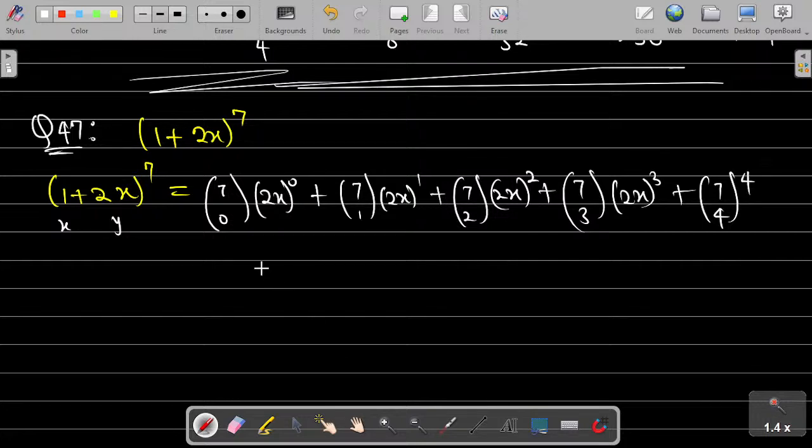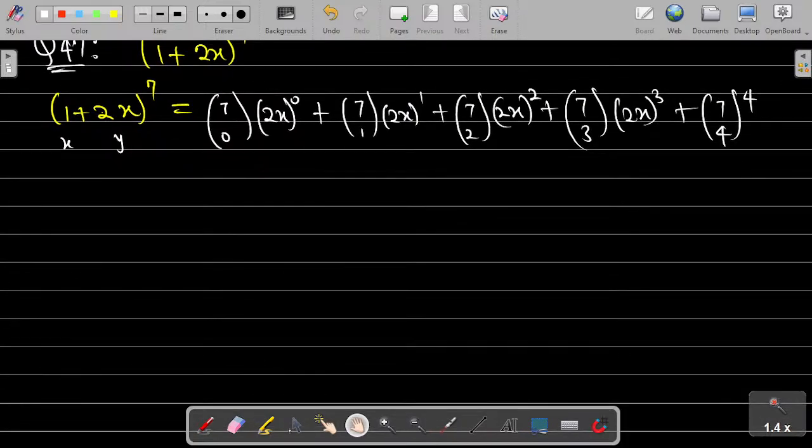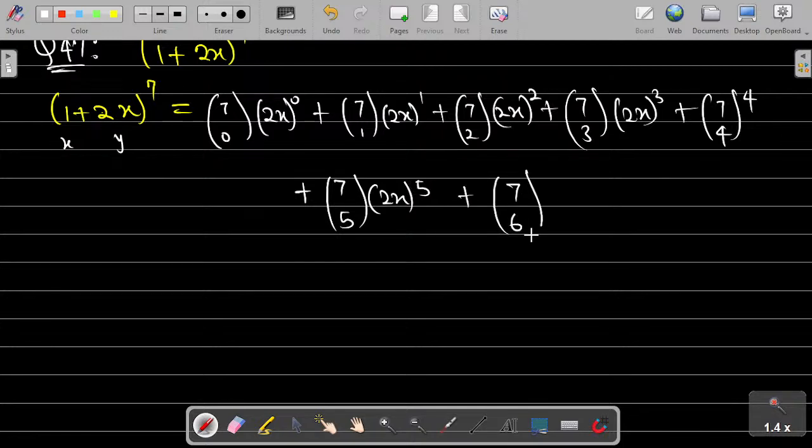Okay, let me write that expansion down here. 7 combination 5, then 2x to the power of 5, and 7 combination 6, and then 2x to the power of 6, and finally 7 combination 7, and we have 2x to the power of 7, and you are done.